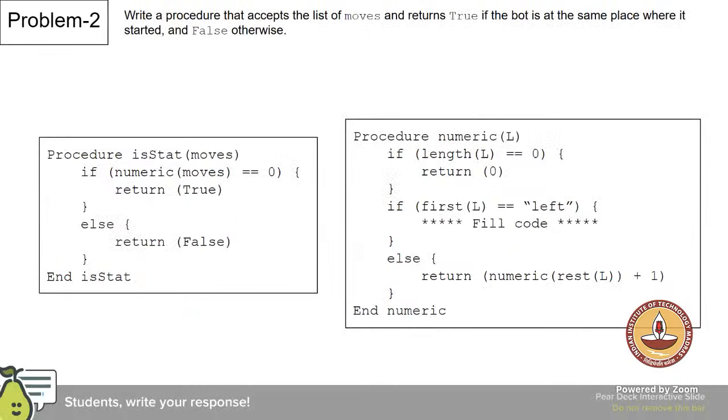So when the number of lefts and number of rights are equal, then it will be at the starting position of the boat. That's what you have to do in this code. If the number of lefts is equal to number of rights, then the moves equal to 0 and you should return true.